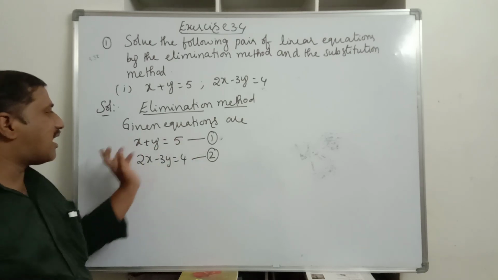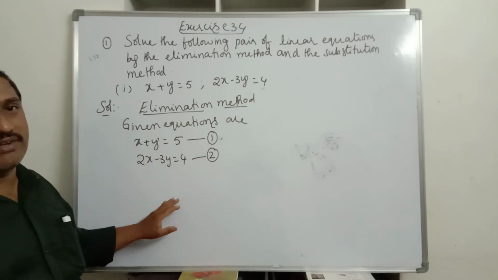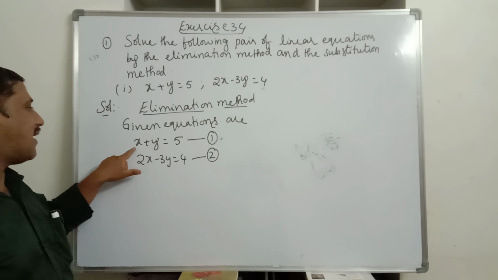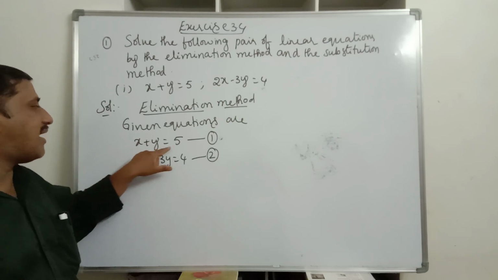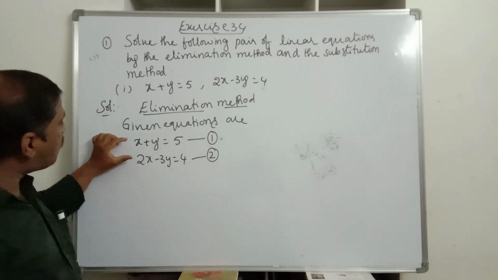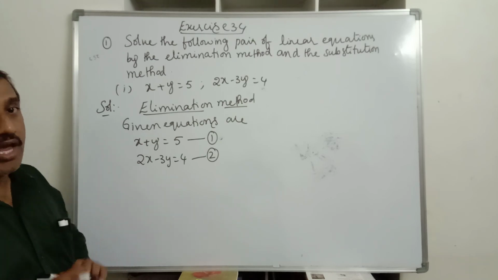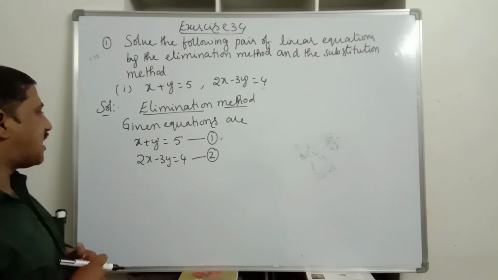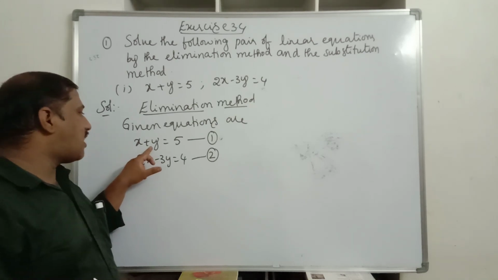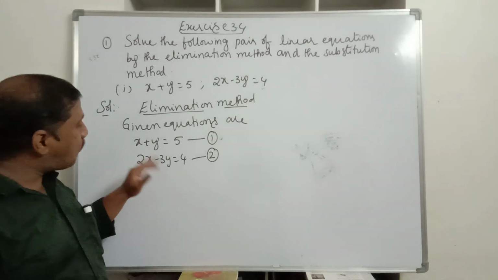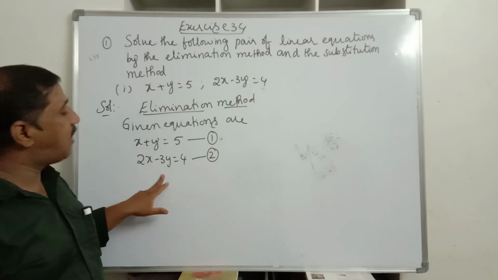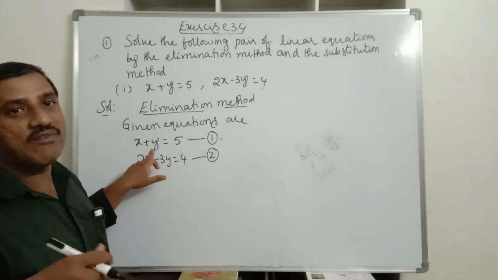Multiply equation 1 with 2, whole equation 1 with 2, then we get 2 into x plus 2 into y is equal to 5 into 2. Then both the x coefficients are equal. If we want to make y coefficients equal, here y coefficient is 1 and here the y coefficient is 3. To make these y coefficients equal, multiply equation 1 with 3.